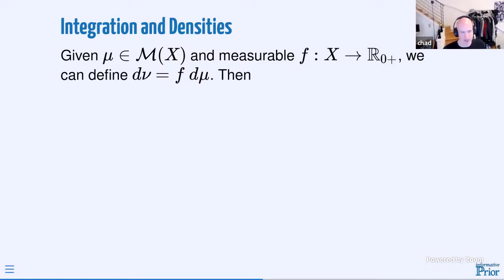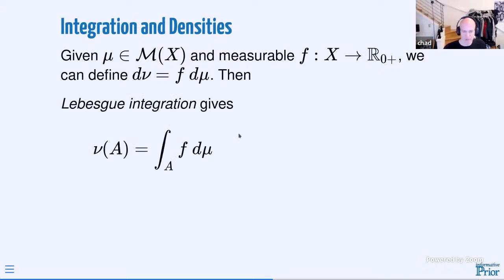As a result, we got the normal distribution. So we can do exactly that. Given a measure over x and a function from x to the non-negative reals, we can say d nu equals f d mu, and then we can integrate that in this way, and that gives us a new measure over the same space.